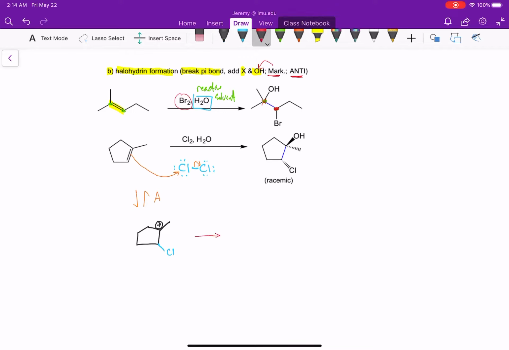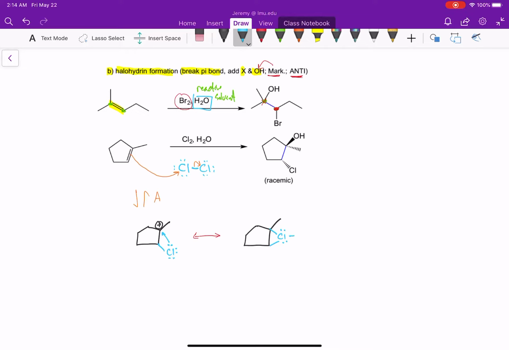Remember what we saw before, because the chlorine has lone pairs, it can stabilize this positive charge by actually forming a bond to it. So the chlorine can donate one of its electron pairs to form that bond. It therefore only has 2 lone pairs.